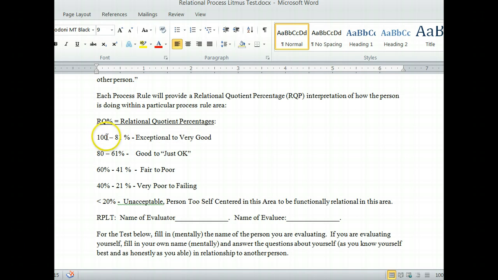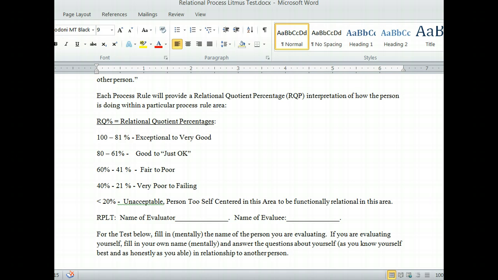If you get 100 to 81%, you're doing exceptional to very good in that area. 80 to 61%, good to just okay. 60 to 41%, fair to poor. 40 to 21%, very poor to failing, and below 20% unacceptable. The person is too self-centered in this area to be functionally relational in this area, and they're not able to share power.